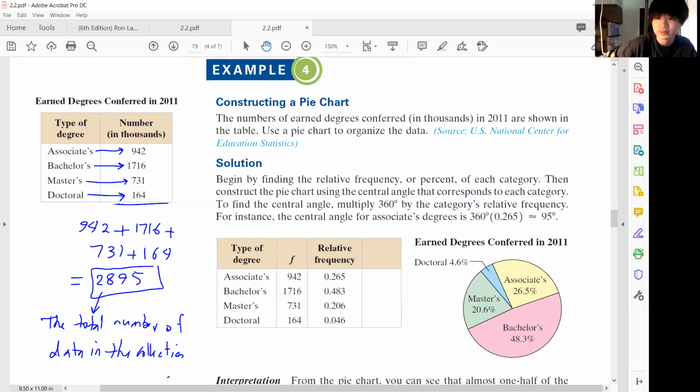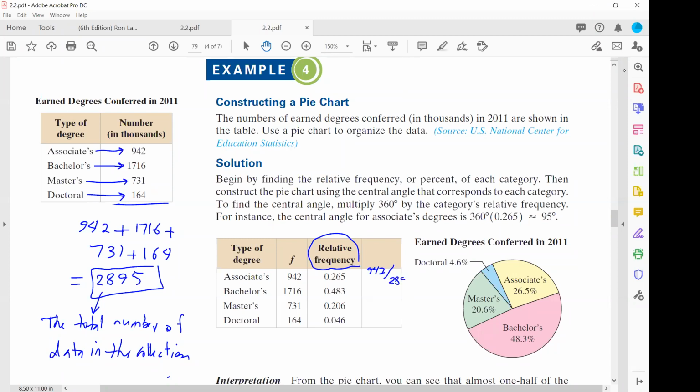So what are we going to do? We're going to form relative frequency. Remember, relative frequency for each class is the division between the frequency of that class and the total frequency, 2895. If you do the division, you get a decimal number, 0.265.